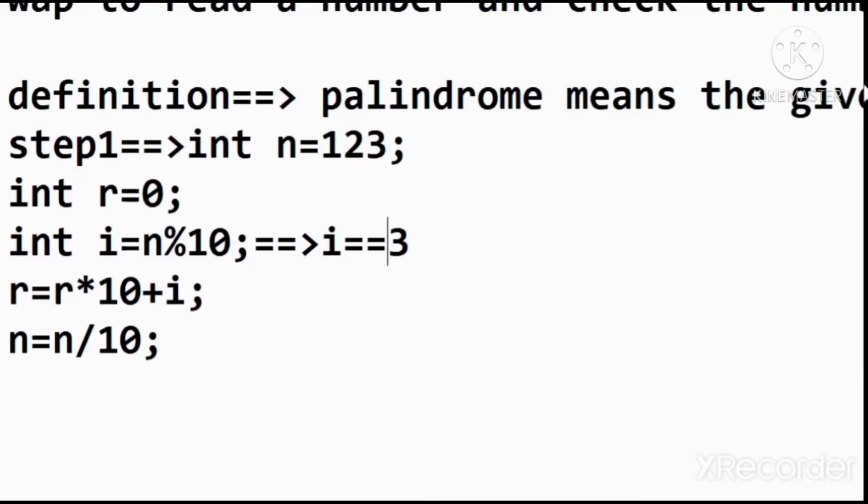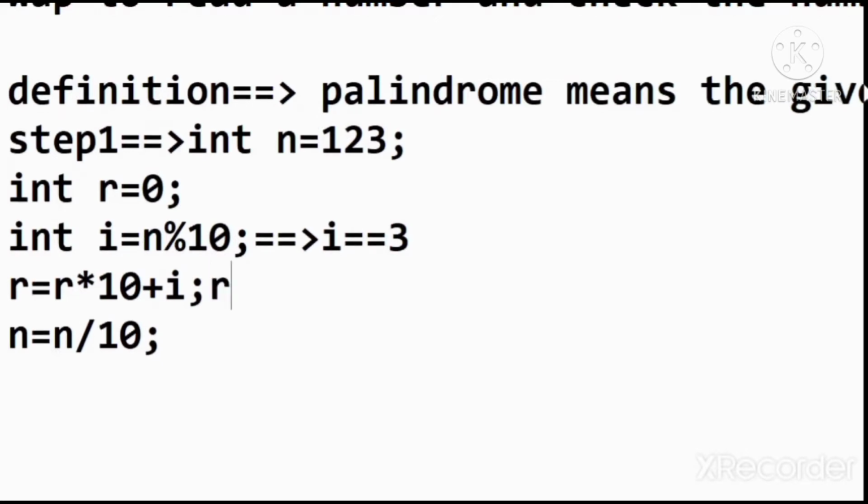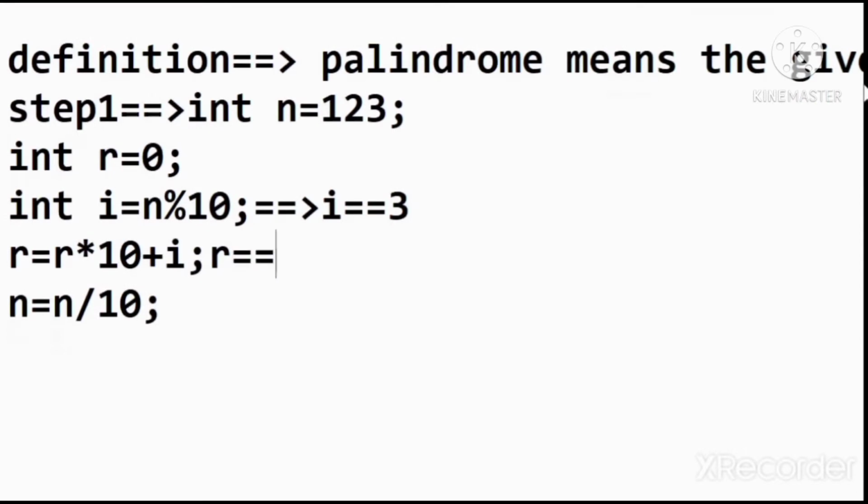After that, for r: r is equal to r into 10 plus i. The value of r is now 0, so 0 into 10 is 0, plus i, and the value of i is 3. So the value of r is also 3.